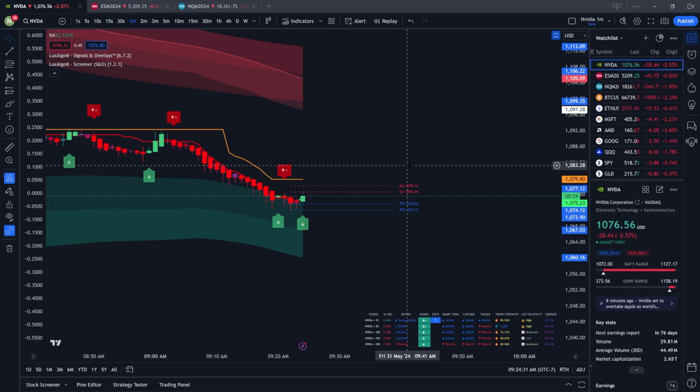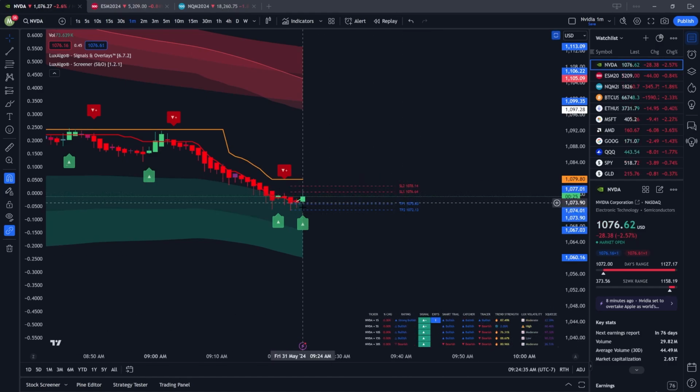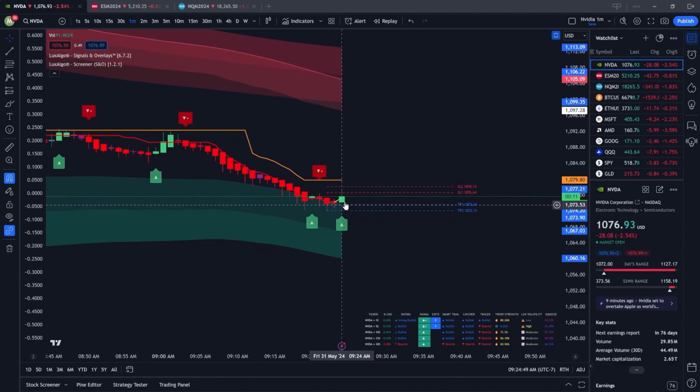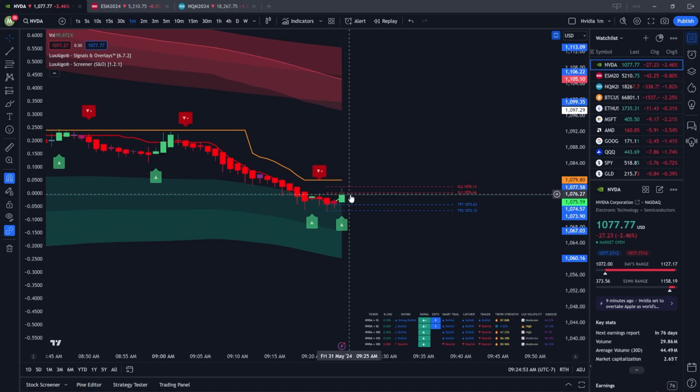So look, this all changed, and it gave you the entry fast right here, but sometimes the screener will show you when it's changing faster than the indicator will show you. That's nice, because sometimes you'll get an entry, and you'll get in right here, and then boom, you'll get a red right here on the next candle, and then it'll keep going down.